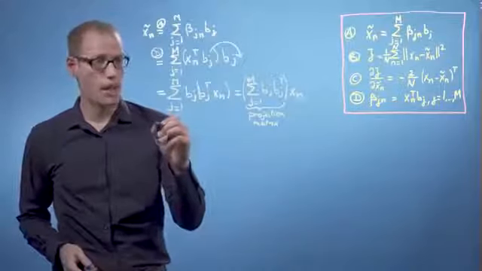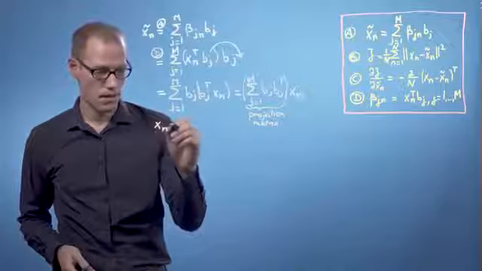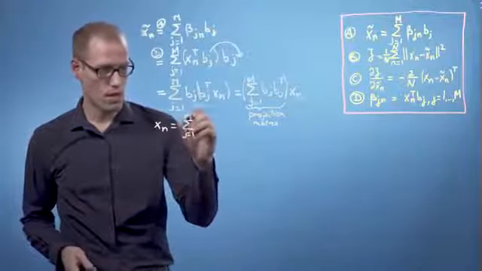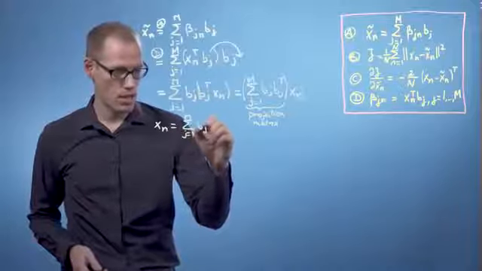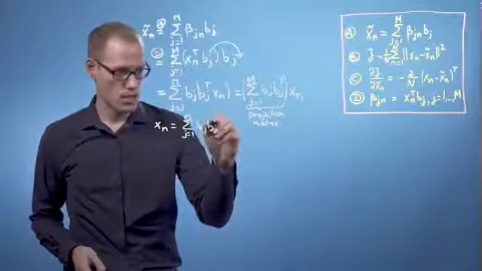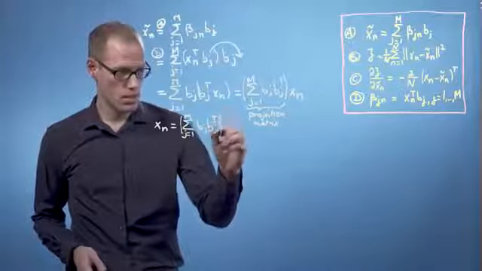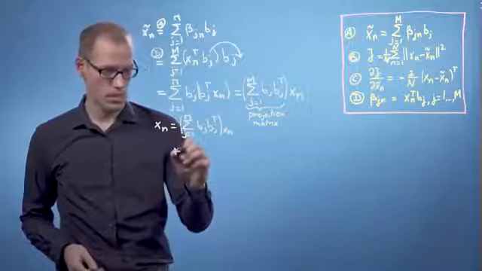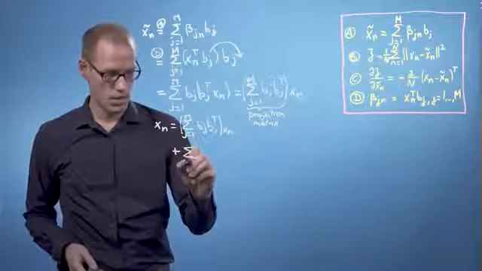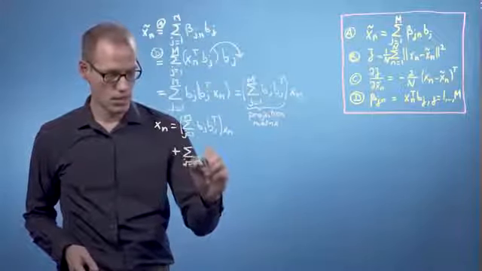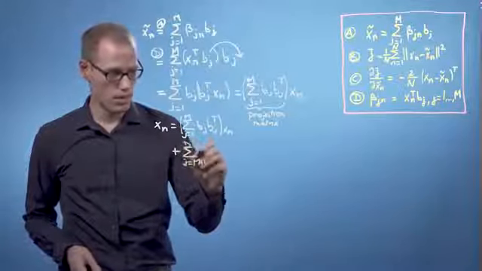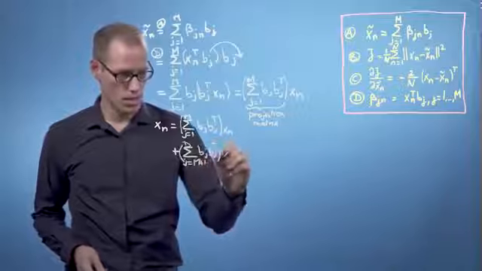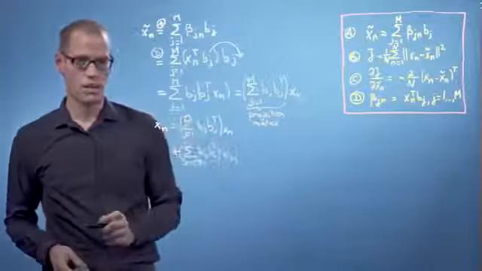Similarly, we can write xn as the sum j equals 1 to m of bj times bj transpose times xn, plus a term that runs from m plus 1 to d, bj times bj transpose times xn.